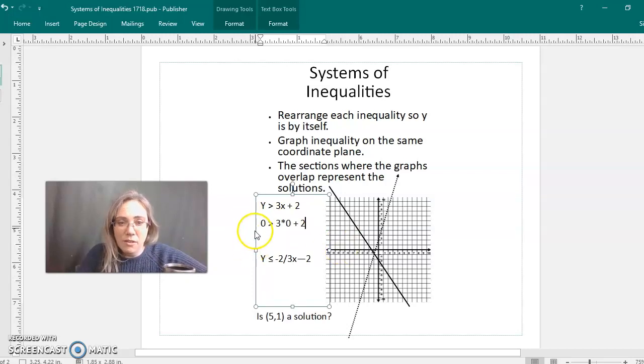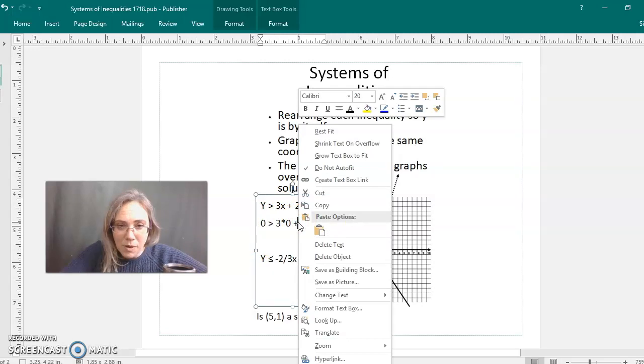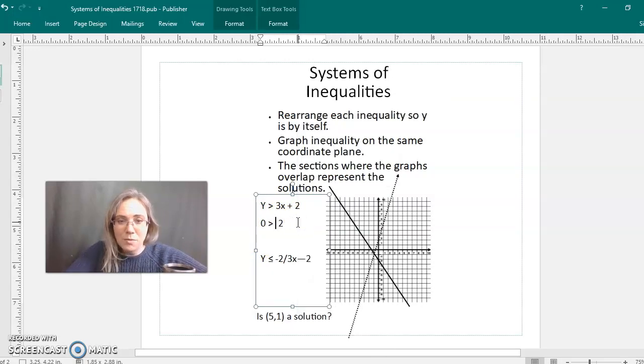And what I have here is a statement. When I sort of simplify this, 3 times 0 is just 0, so I can delete those back out. 0 is greater than 2. Since that is definitely not a true statement, we need to shade on this side of the line because 0, 0 would have been here. Since it's not part of the solution set, we're going to shade this side of the line.